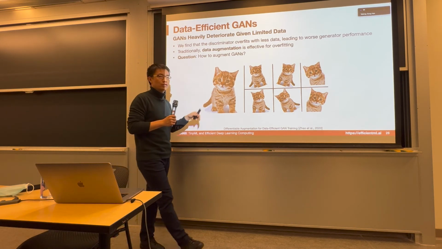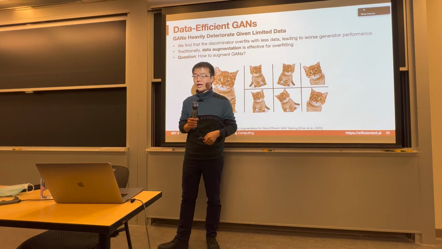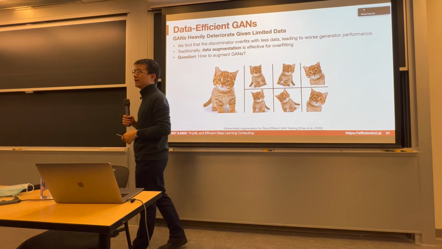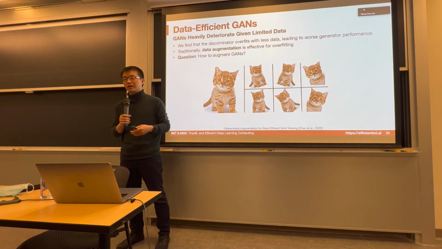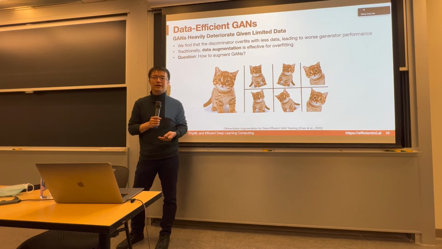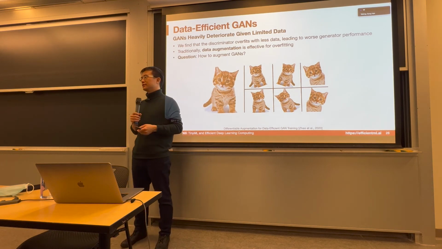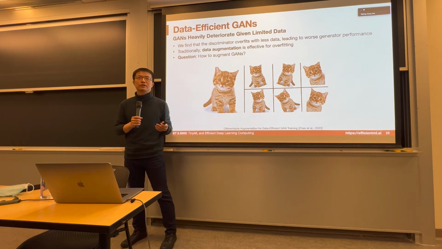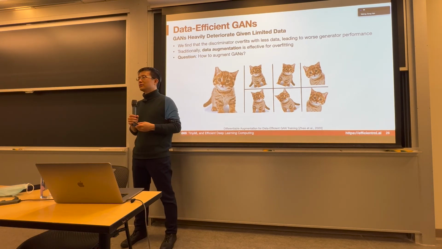But GAN is relatively challenging, right? It's not as straightforward as a discriminative model, like a classification model, where you just shift, rotate, or color jitter the input image. For a GAN model to work, there are multiple places where you can apply such distortions. You can apply it to the generator, you can apply it to the discriminator.